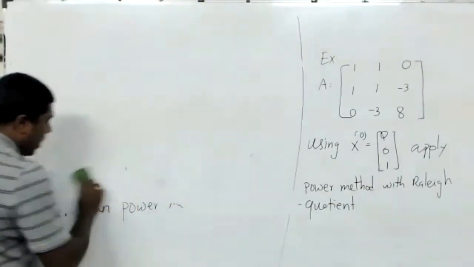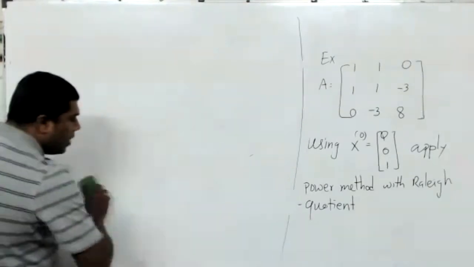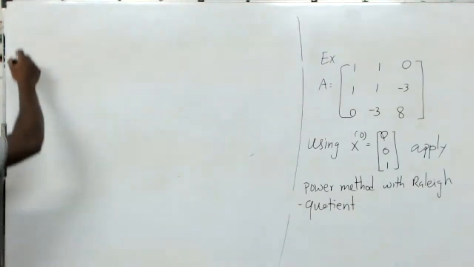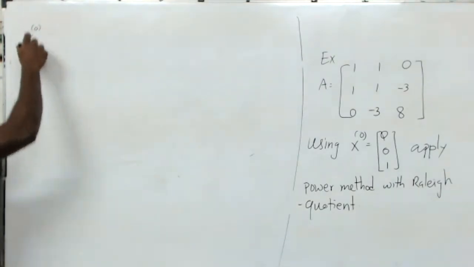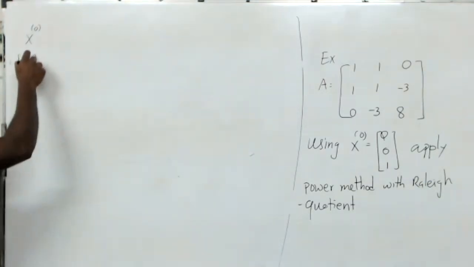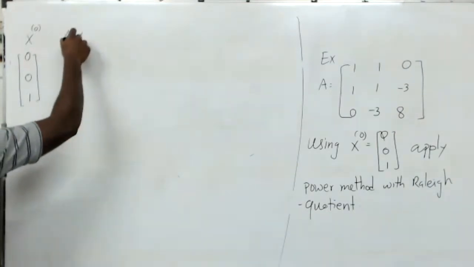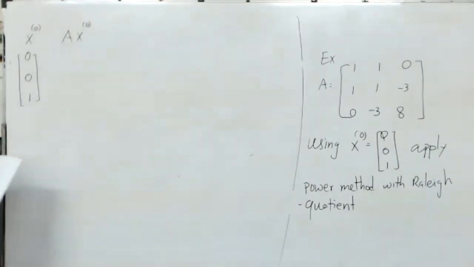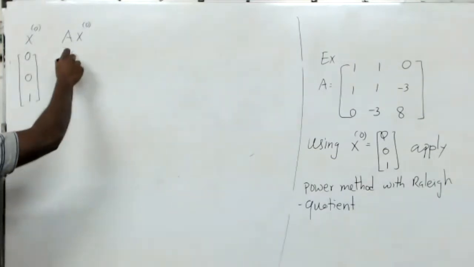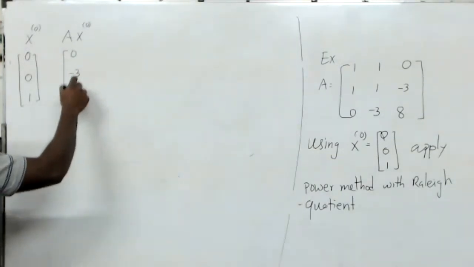At each step you have to apply the power method to get the Rayleigh quotient, so you cannot apply the Rayleigh quotient directly. You need to start with the power method. So x naught is (0, 0, 1). Then I compute A x naught, which gives you (0, -3, 8).